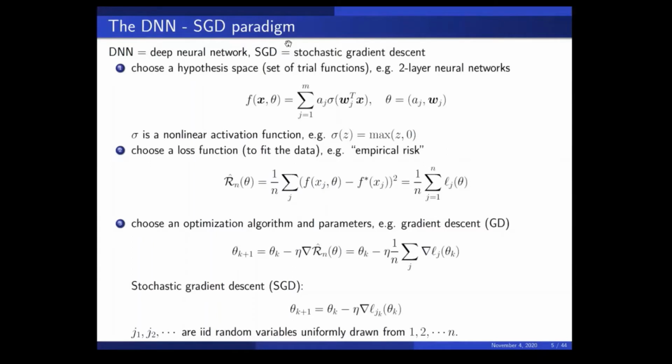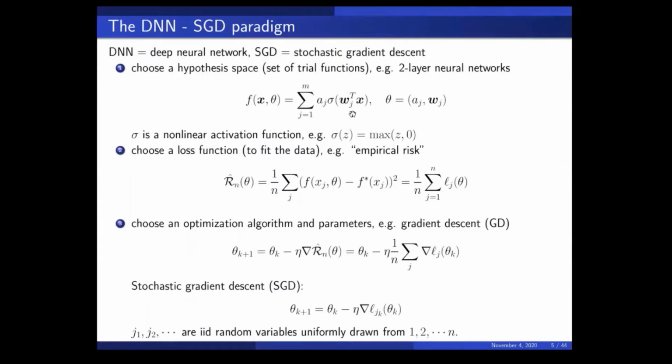In the supervised learning task, like the first one that I explained, there are 3 components. The first component is that you have to choose a hypothesis space. That's just a set of functions. We're going to use that set of functions to approximate the target function. For example, this kind of function is called a 2-layer neural network, 2-layer because there are 2 sets of coefficients, 2 sets of parameters that we're going to optimize.